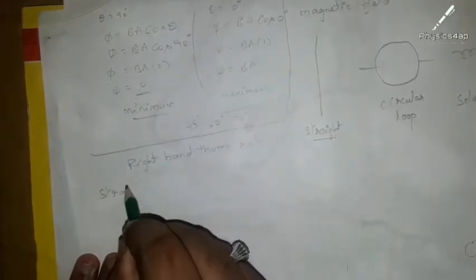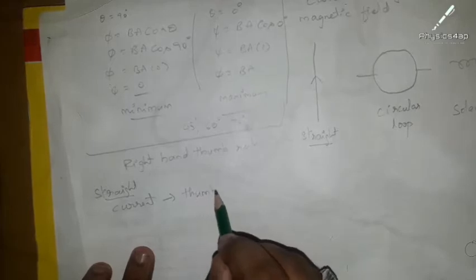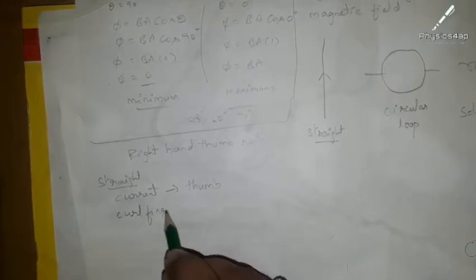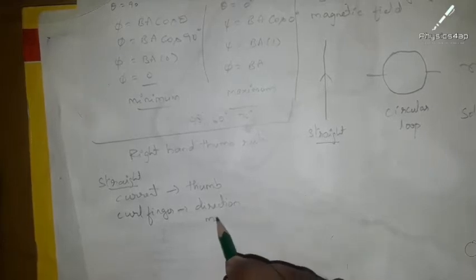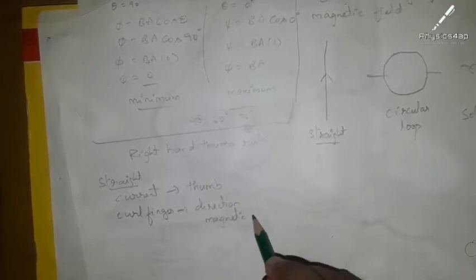Now, in case of a straight line, if the current is traveling in a straight line, in this way, as it is traveling straight, the current represents the thumb, and the curved fingers represent the direction of the magnetic field. Yes, the direction of the magnetic field.